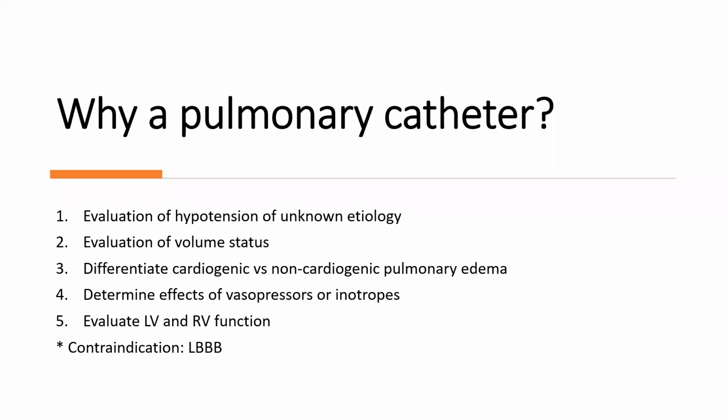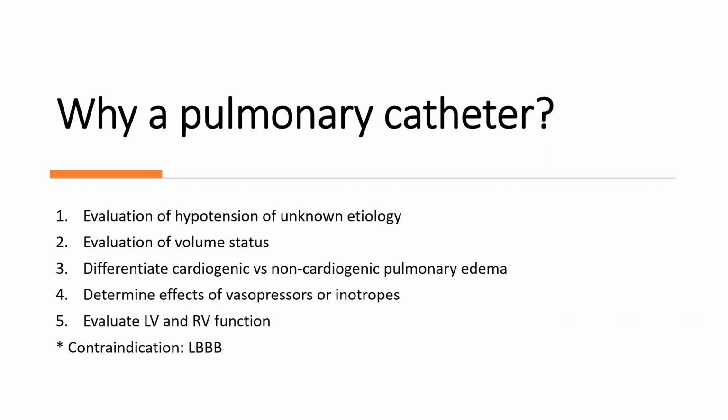There are 5 general indications for the insertion of a pulmonary artery catheter, and they're listed in the slide. Note that the Swan Ganz catheter is used for hemodynamic monitoring. It does not treat the patient. It merely is used for diagnostic purposes only.